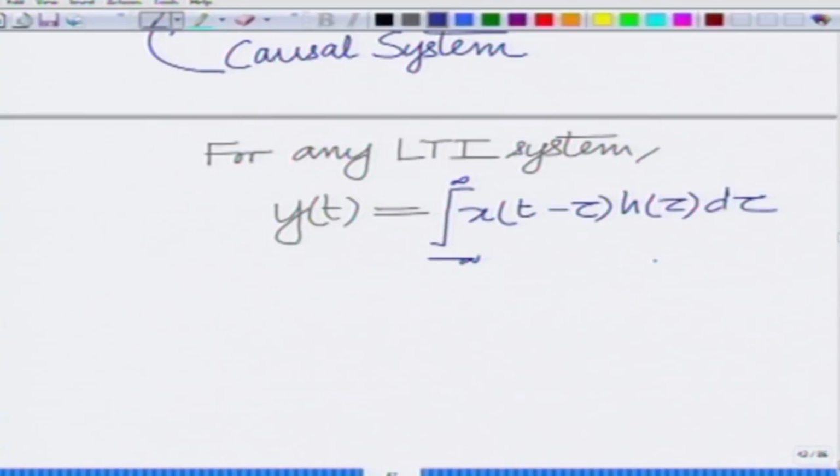This is the output expressed in terms of the input x of t, where h of tau is the impulse response of the LTI system.